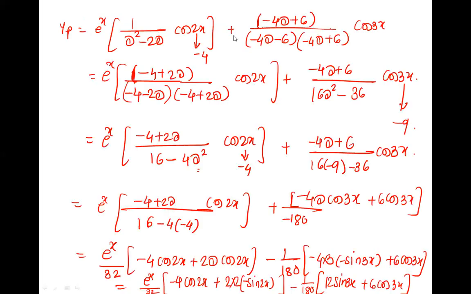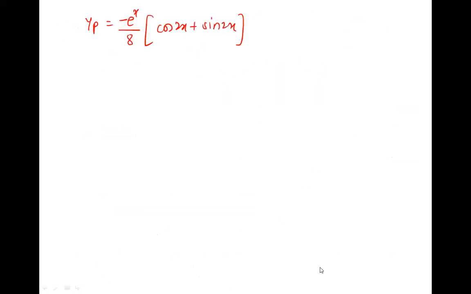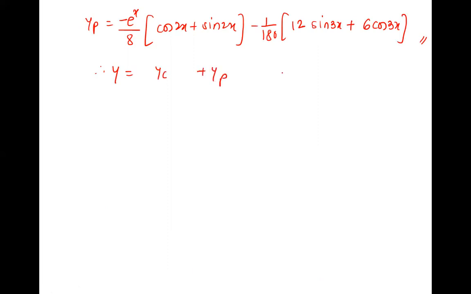And on that side, okay, so write it as it is if you want. Minus 1 by 180, let it be. Minus 1 by 180, 12, सांगा बरं मला काय ते? 12 sin 3x plus 6 cos 3x. Correct. Done. This is your answer. Then finally, you just collect yc and yp for the general solution.